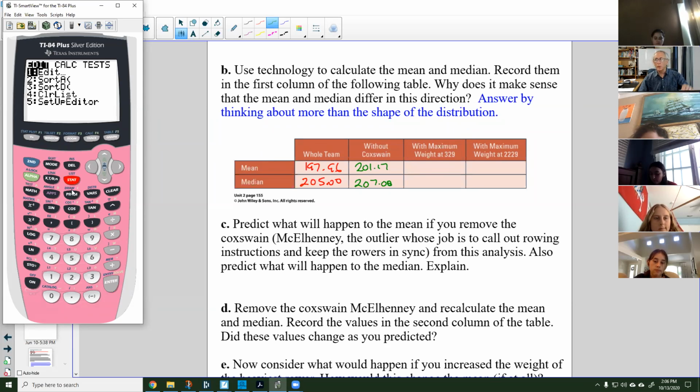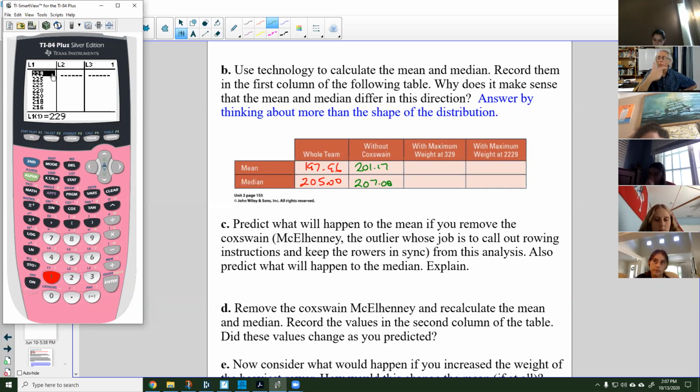This time I'm going to sort descending, so my heaviest weight is at the top and it gets lighter going down. So I'm going to press 3. And I want to do that with my list 1. And I hit enter. Now I'm going to look at my list. And my heaviest guy, who is 229, is now at the top and it's in descending order.